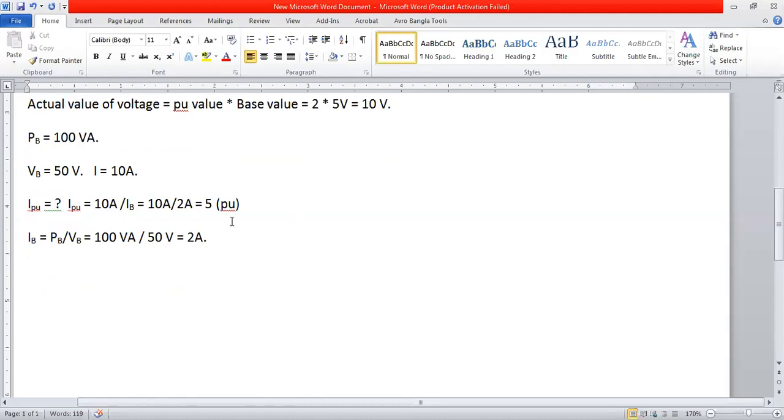In this math, we have to calculate the per unit value of impedance, and for this we know that the 10 ohm is the... again, let's see another example.